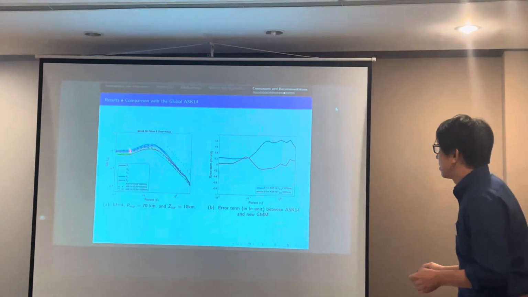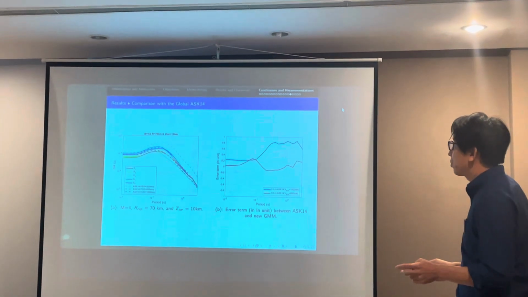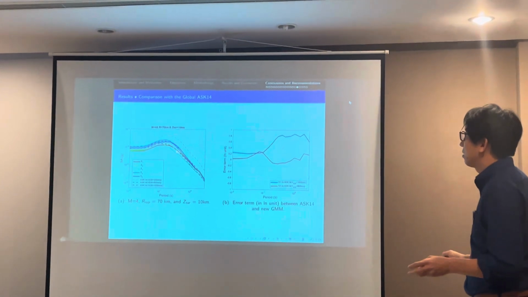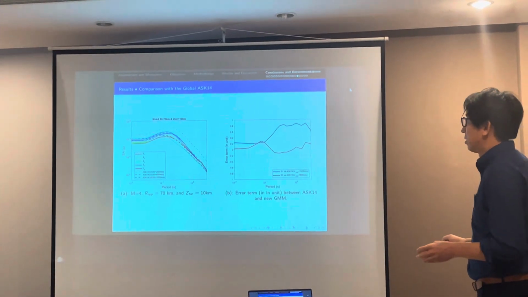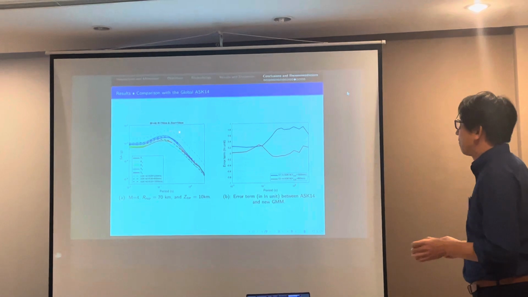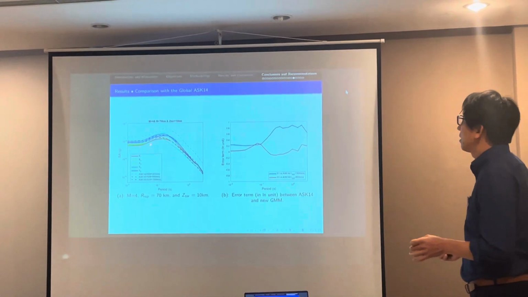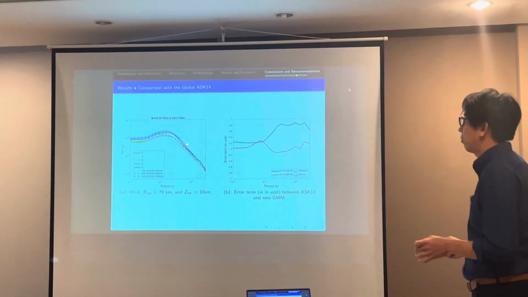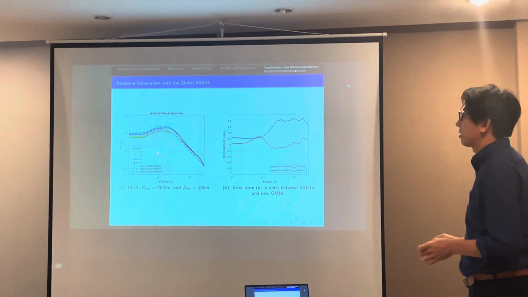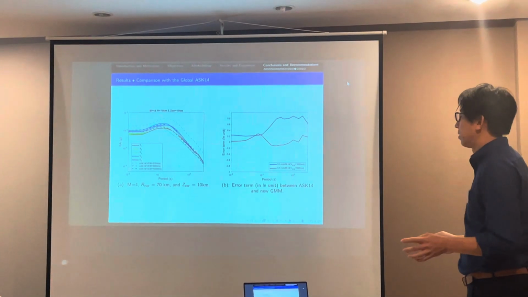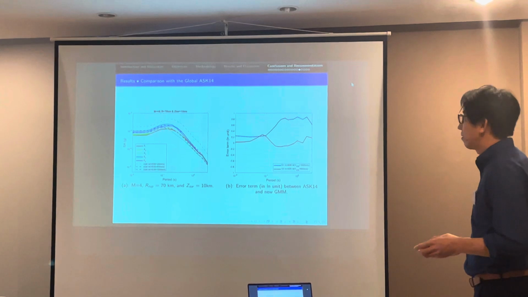And this figure shows the response spectra for various site conditions and shows that the site amplification notably changes the spectral shape of the ASK14 model, highlighting the importance of site-specific modeling.